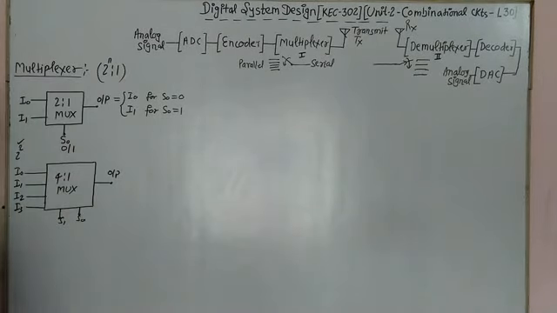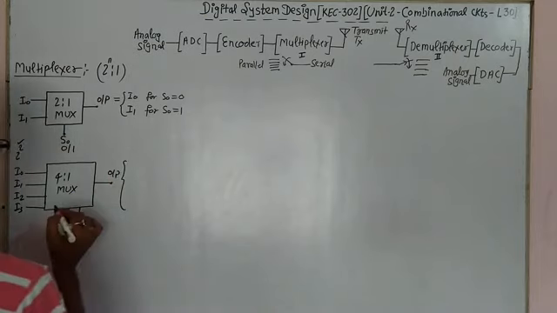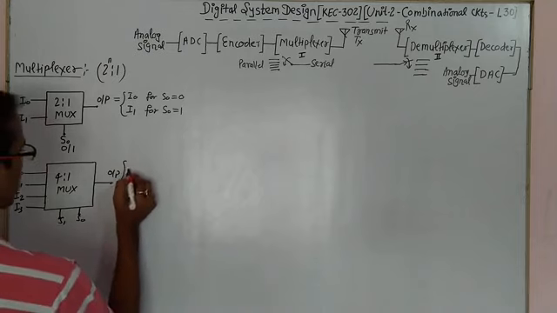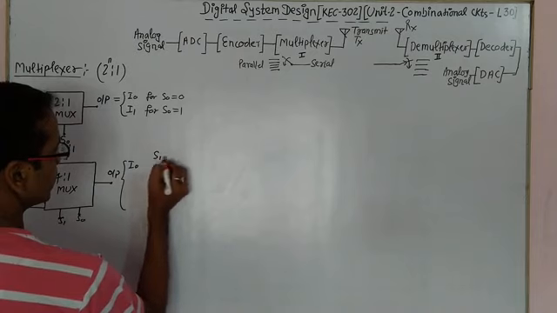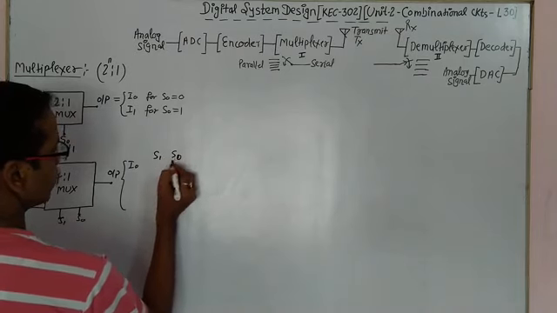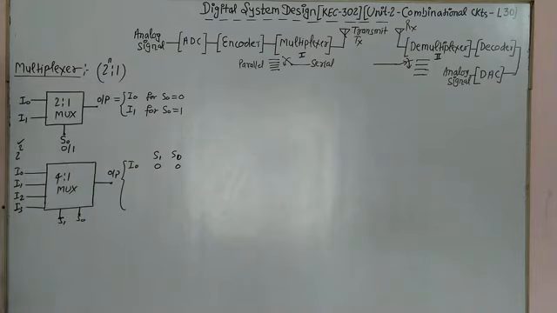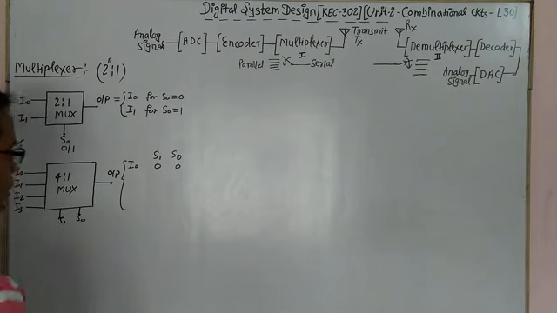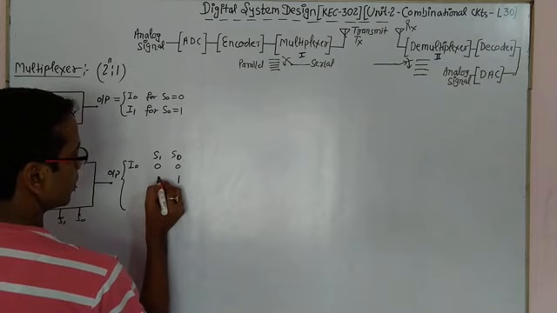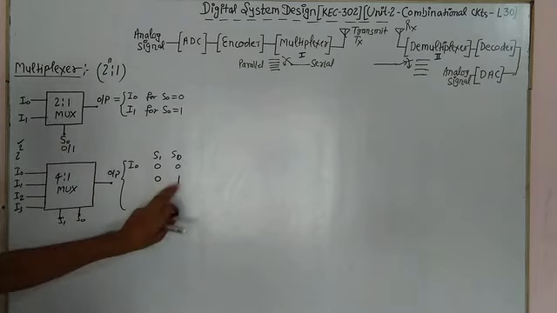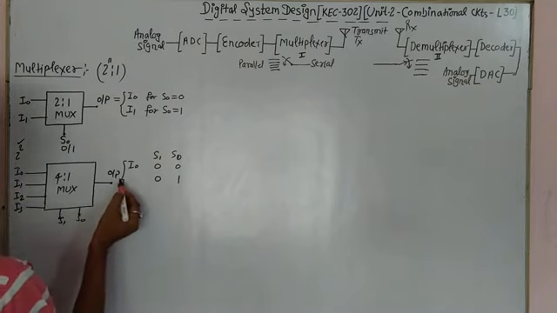Similarly, the output is equal to I0 when S0 and S1 are equal to 0. If you choose S0, S1 as 0, 1, then I1 is transferred to the output.